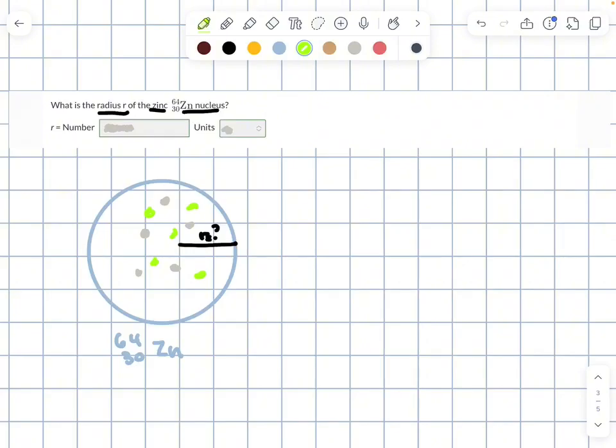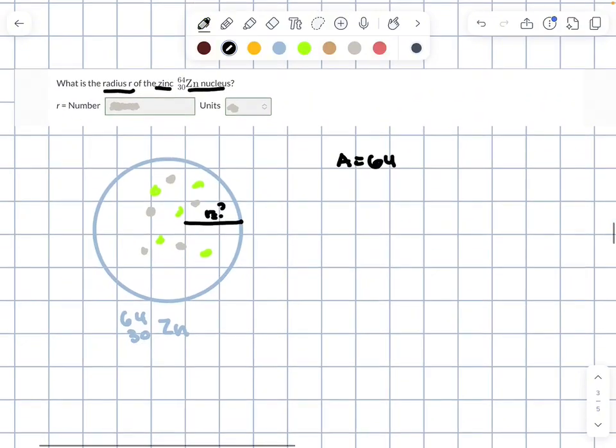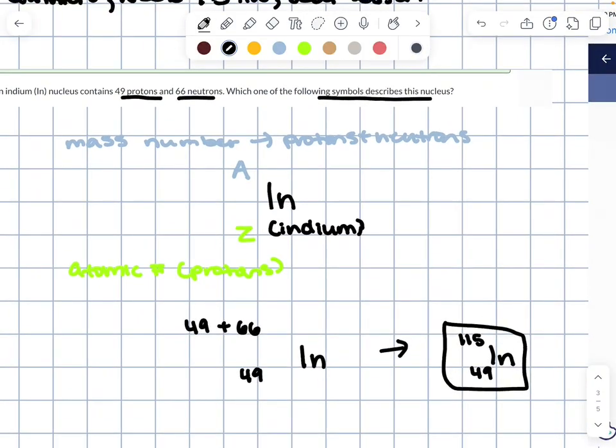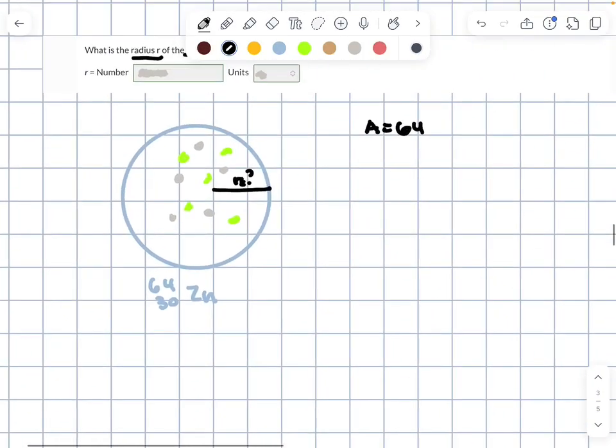So now that we have this, we know that A is going to equal 64, because remember in the previous problem we talked about how to draw the symbol, and A is the mass number. So our mass number is 64 here. And then we're going to use the equation R equals R0 times A to the 1/3.